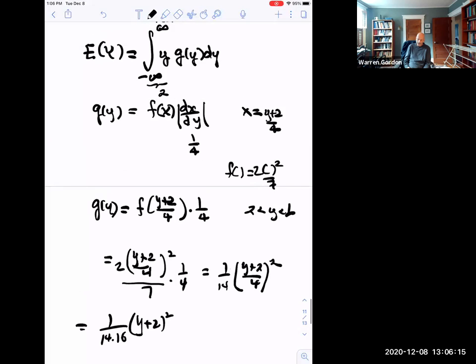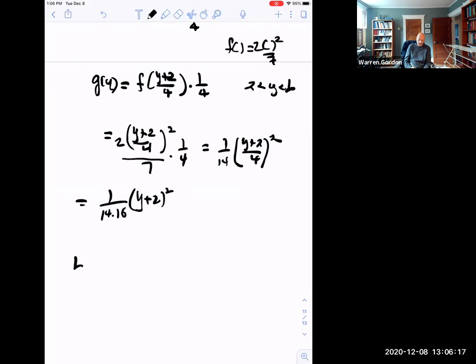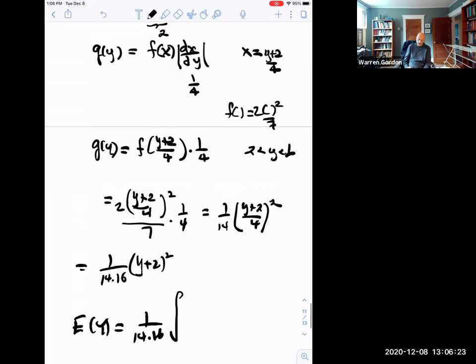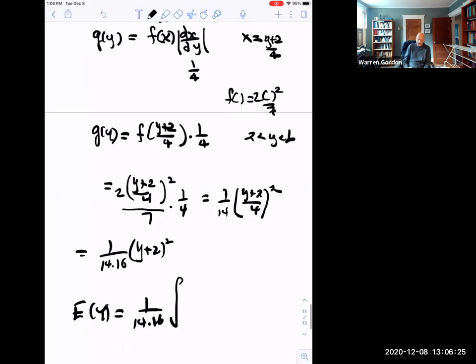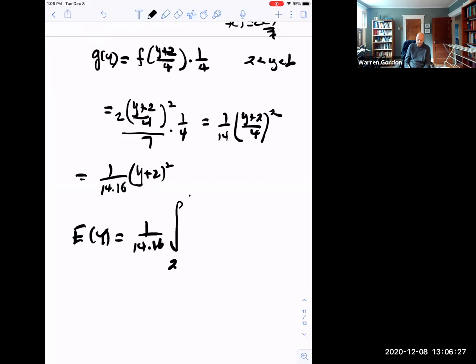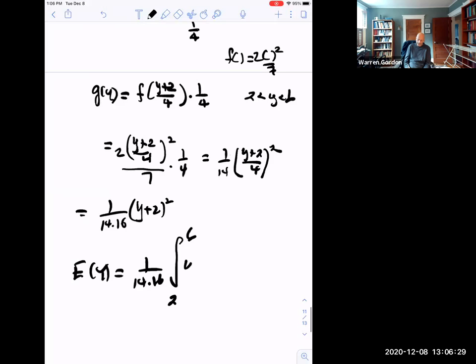Now if you plug this into the integral for E of y, I'll take out the constant 1 over 14 times 16. It's the integral from 2 to 6 of y times g of y, which is y times (y plus 2) squared dy. Notice this is a messy integral to evaluate.